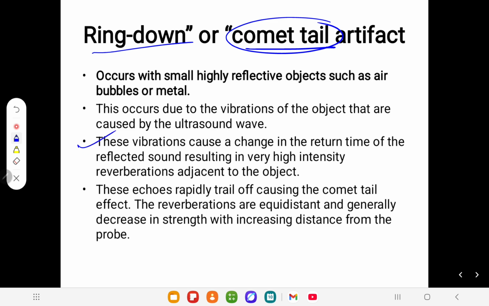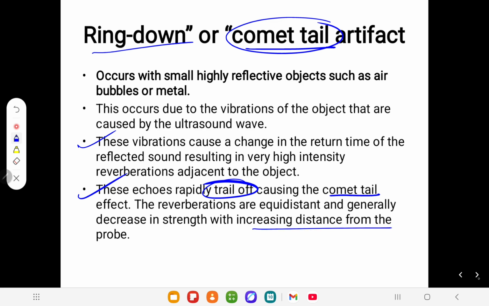These vibrations cause a change in the return time of the reflected sound, resulting in very high intensity echoes adjacent to the object. These echoes rapidly tail off, which is very important, causing a comet tail effect. The reverberations occur equidistant and generally decrease in strength with increasing distance from the probe.